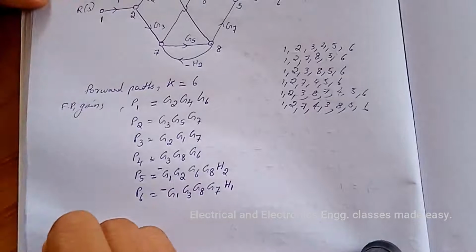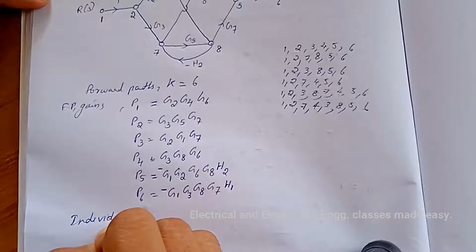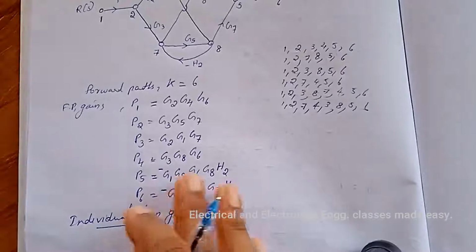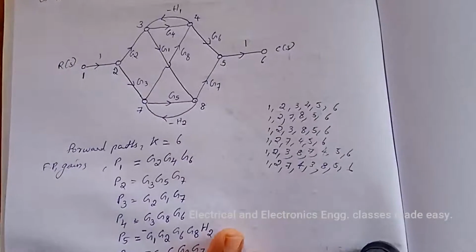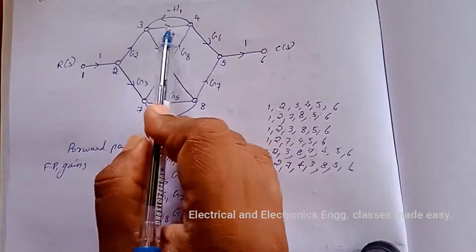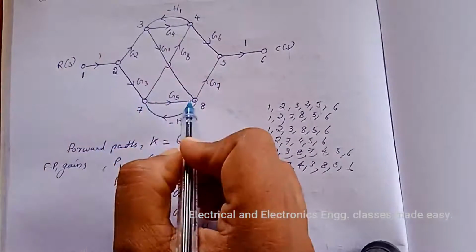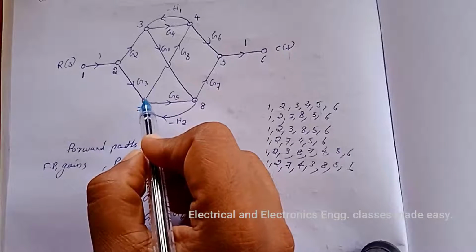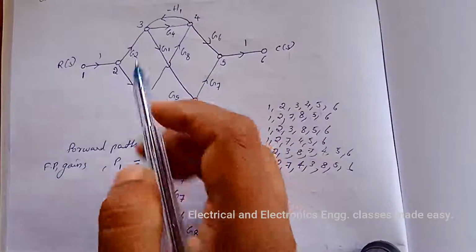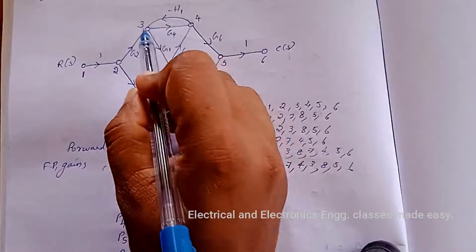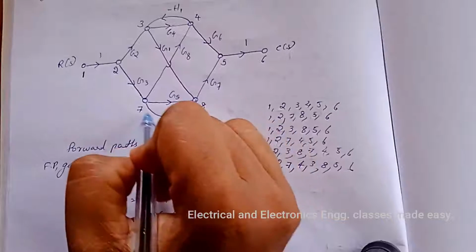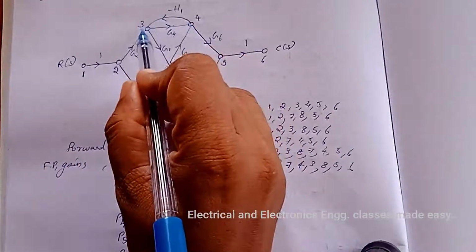Next we have to find the individual loop gains. So for that we have to find the individual loops. So this is one loop and this is another loop. And there is one another loop, that is from here we can take 3, 8, 7, 4, then 3.